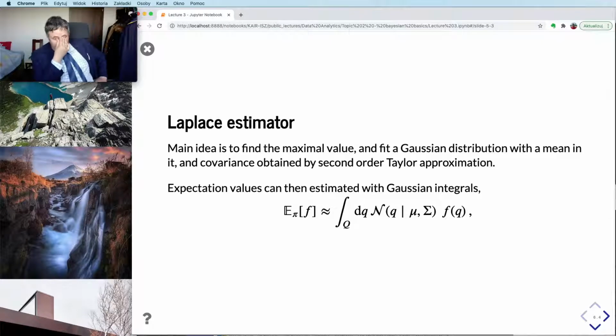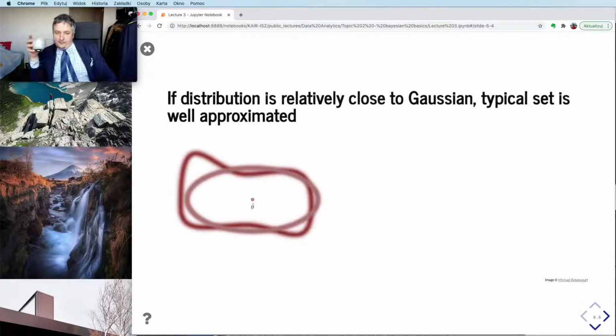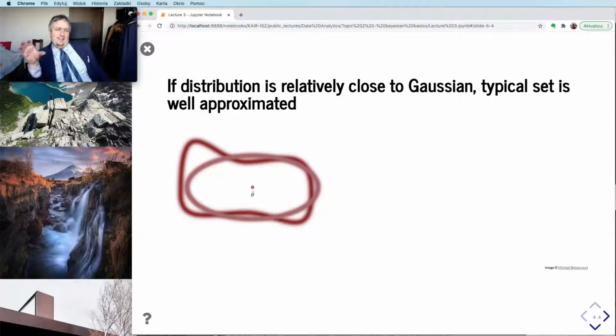And of course, this is a relatively easy proposition if you are able to compute second derivatives. Again, if our distribution is relatively close to Gaussian, we are in a very good situation, because the mean of our distribution will generally coincide with the mode in some way, and we have a relatively good exploration of the typical set.